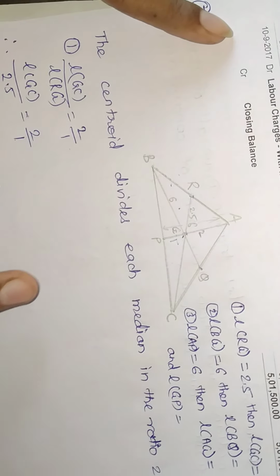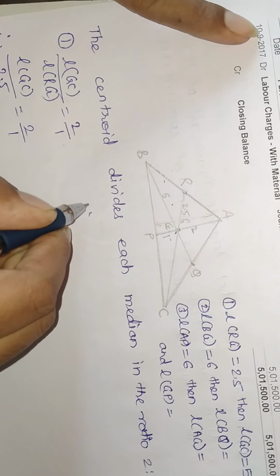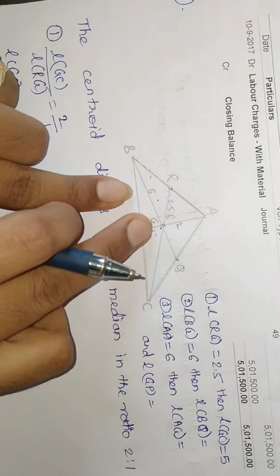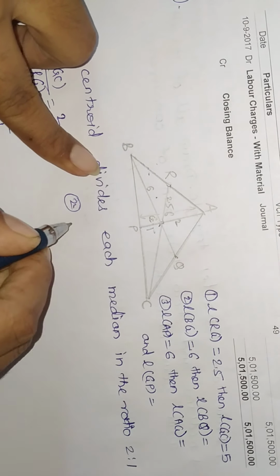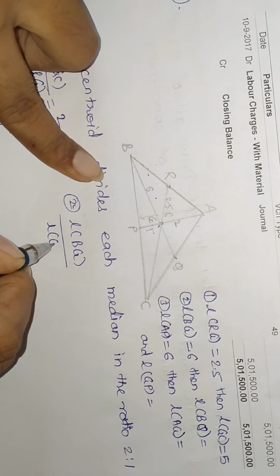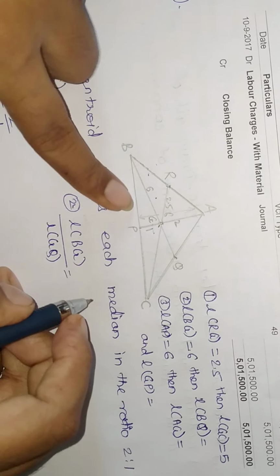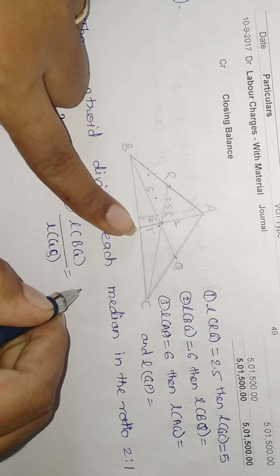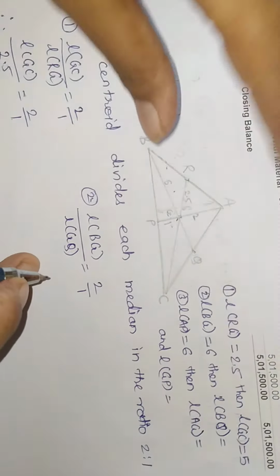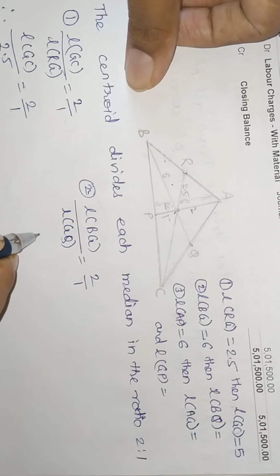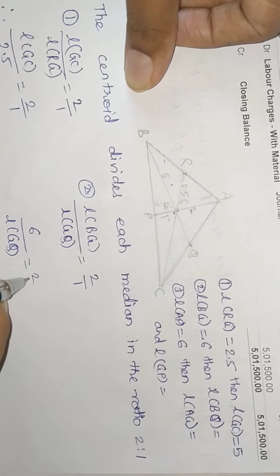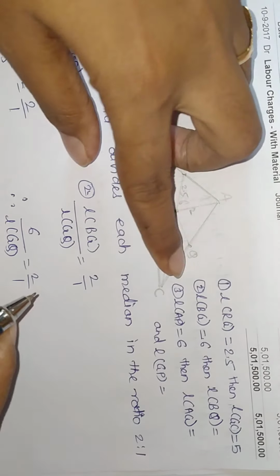Then second one, BG and GQ. Here length of BG upon length of GQ you can write 2:1. Now here BG is given 6. 6 upon length of GQ is equal to 2:1. What you have to find out?